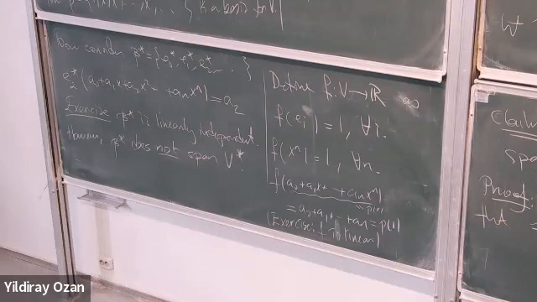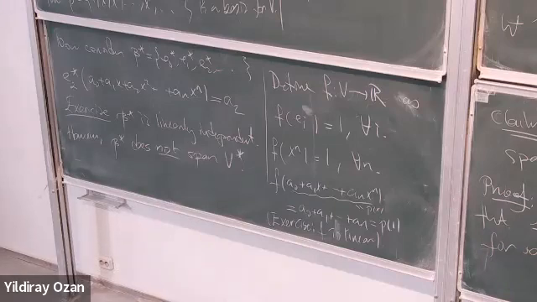So it should be something like this: lambda 1 times e1 star, lambda 2 times e2 star. Maybe some of them are 0, I don't care. But it should be written like this for finitely many elements, for some lambda 1 up to lambda n in K.